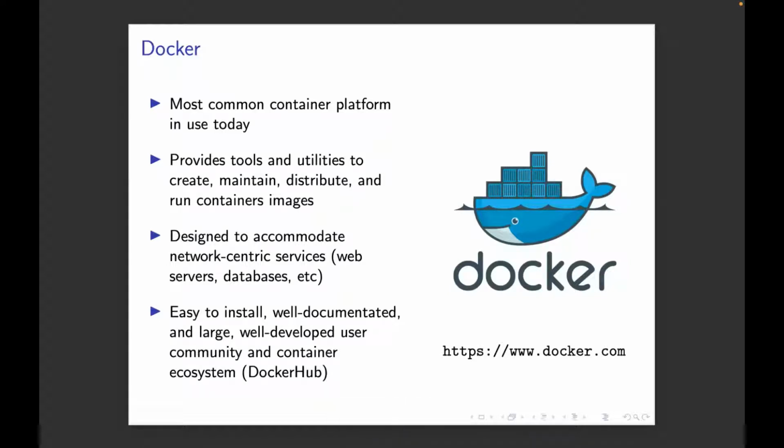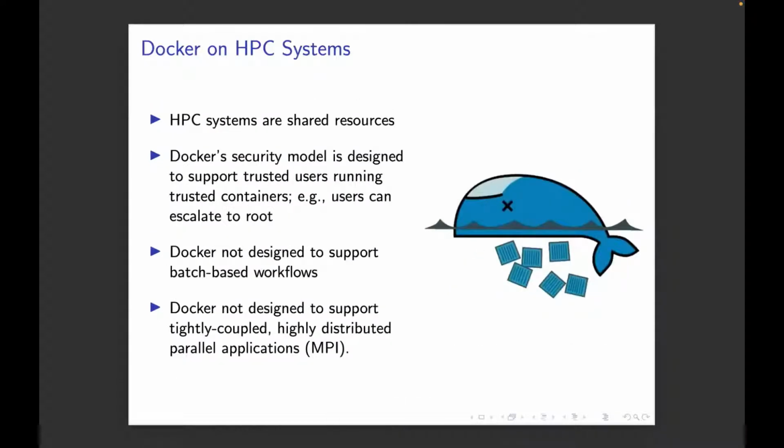Okay, so Docker. The problem with Docker is it wasn't, again, designed to really be run on HPC kind of systems, right? It was really designed for this sort of web-forward model. And one of the fundamental problems with Docker is the security model it has. It really has this model of supporting trusted users running trusted containers.